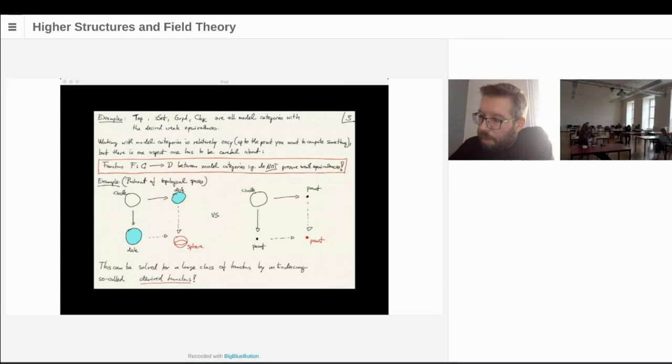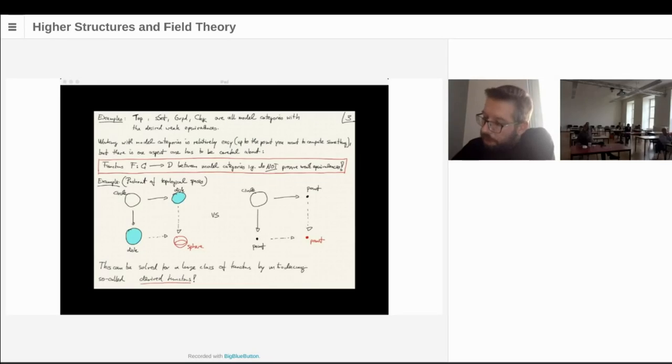Now, this is a push-out in topological spaces. It's a certain colimit in topological spaces. Now, the colimit functor does not preserve weak equivalences. Why? Because when I work up to homotopy, up to weak equivalence in topological spaces, I can shrink the disk to a point, and I can shrink that disk to a point. Yeah, and these are equivalent as spaces because the disk can be contracted to a point.